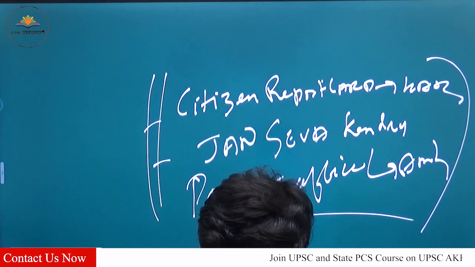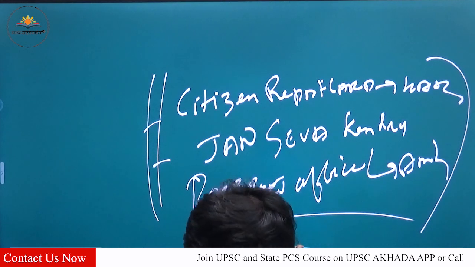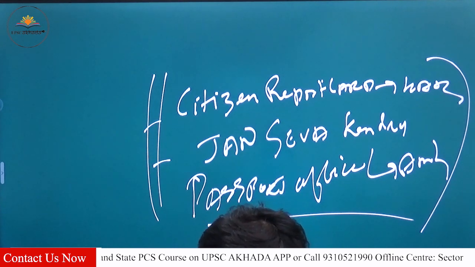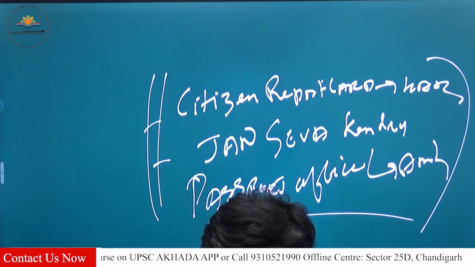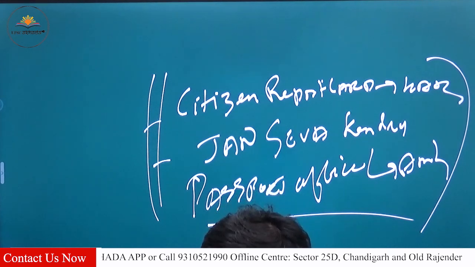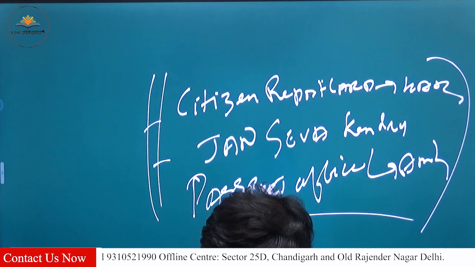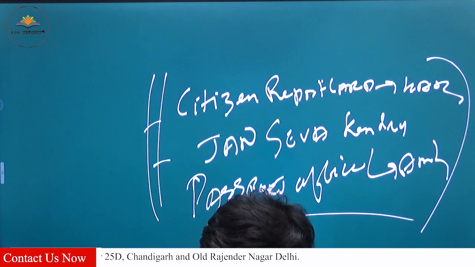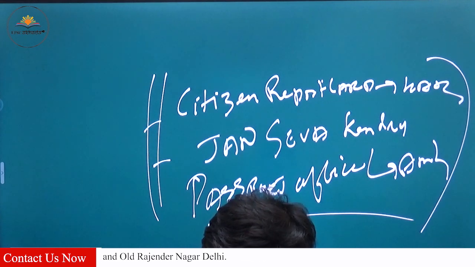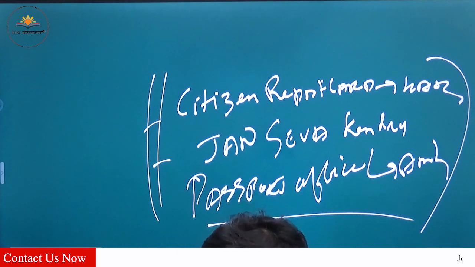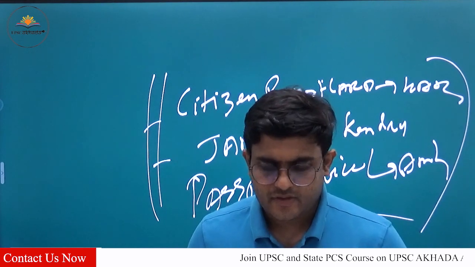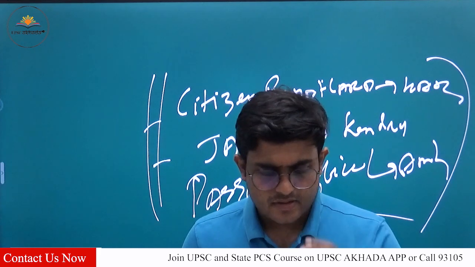Writing points first: benchmarking of quality of services, next giving voice and choice to citizens, next redressal of grievances, next promotion of participative democracy.